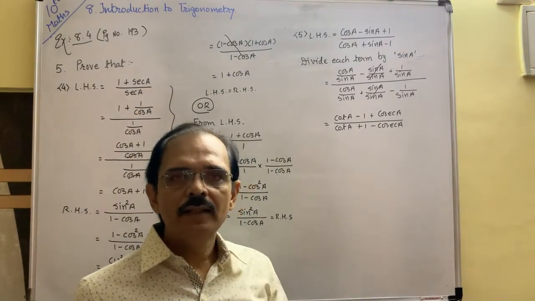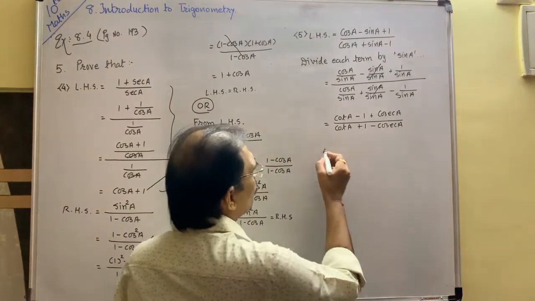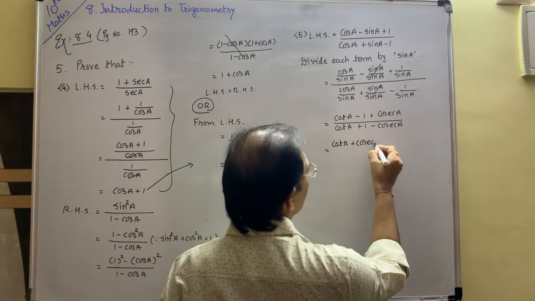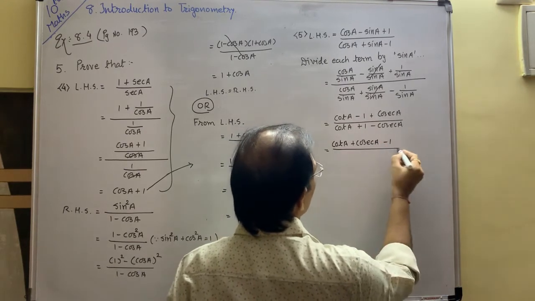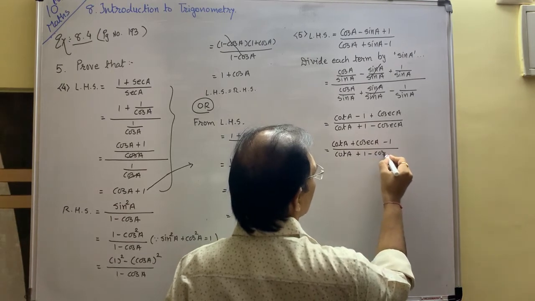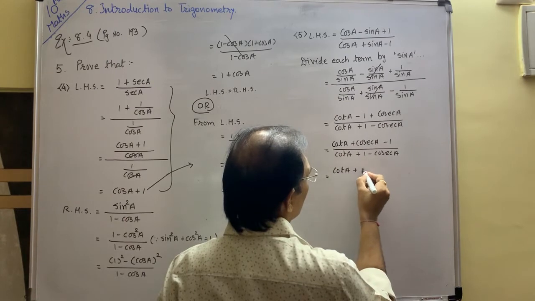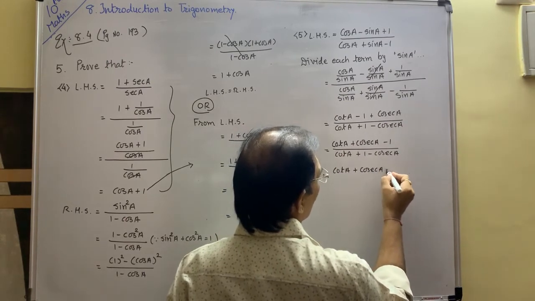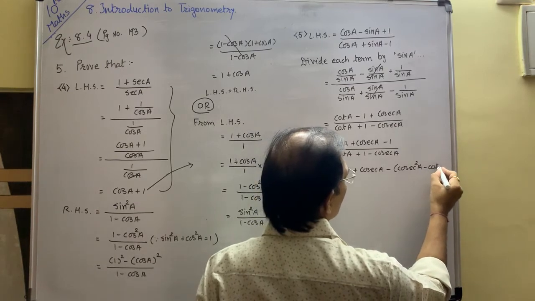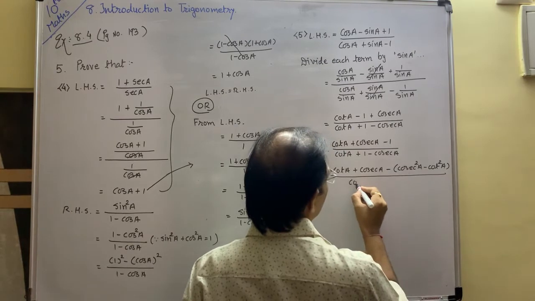So I place the identity because the question is there. Use this identity. So I write what? Cot A plus cosec A minus 1 upon denominator, keep it as it is. Now place the value of 1, whatever given in your question. 1 means what? Cosec square A minus cot square A. So we use this identity according to our question.